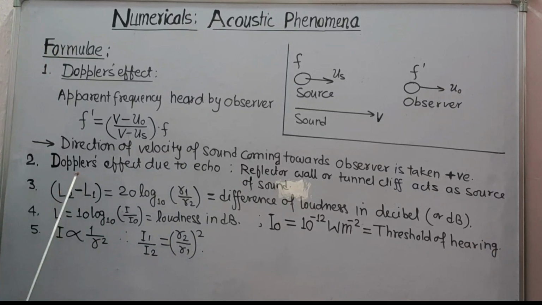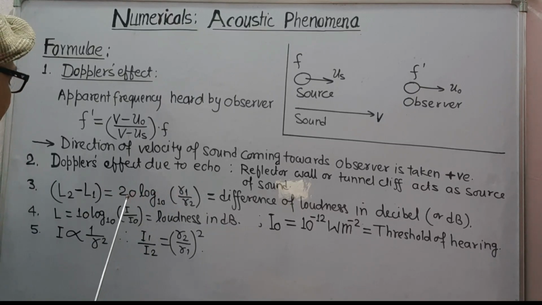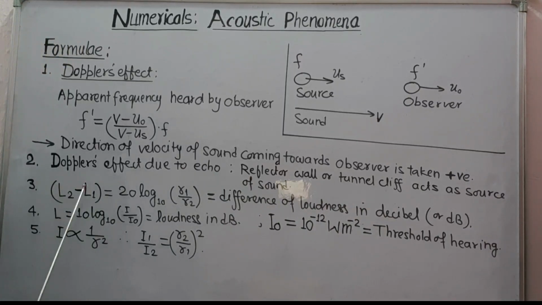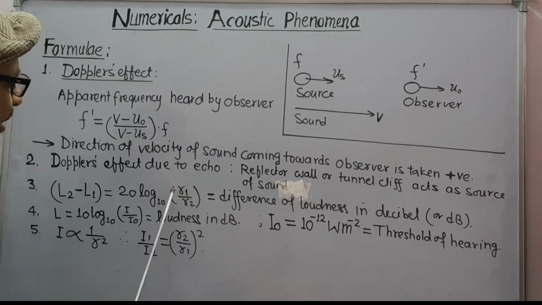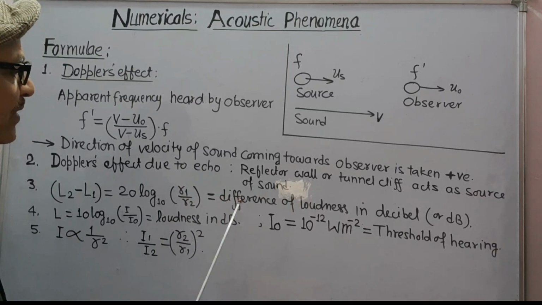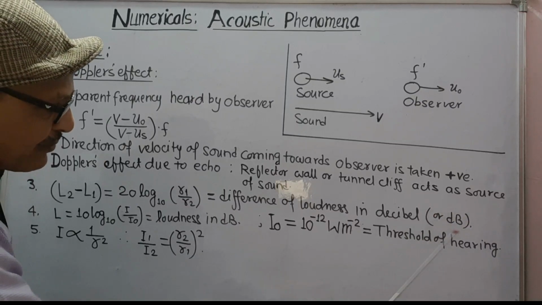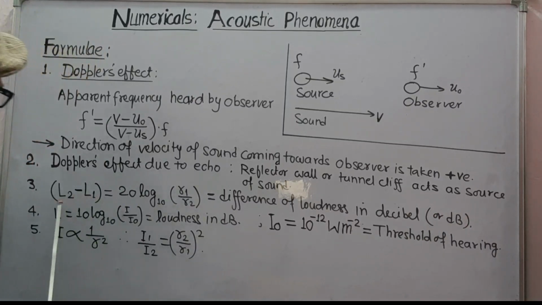Next, if L1 and L2 be the loudness of sound produced by a source at distances R1 and R2 in decibel, then L2 minus L1 is equal to 20 log 10 R1 upon R2, which is the difference of loudness in decibel, abbreviated as dB.